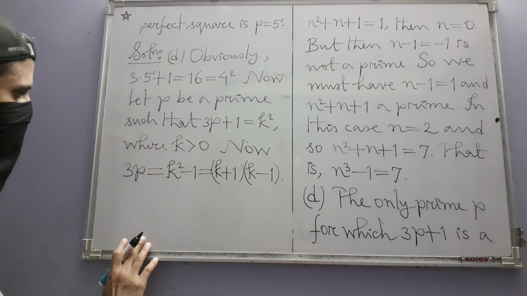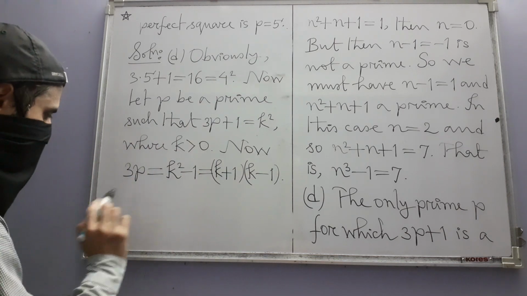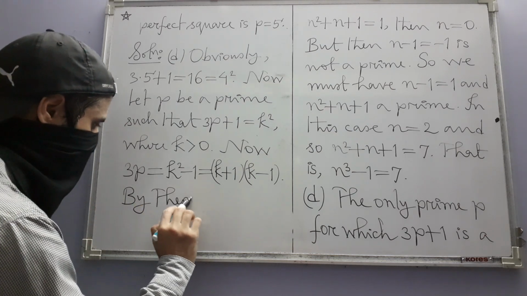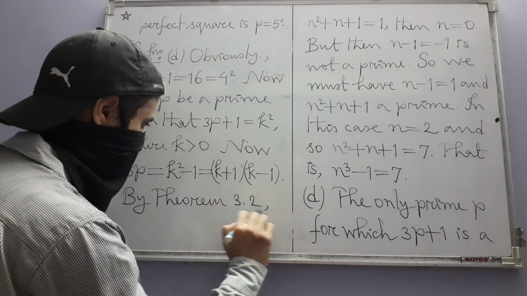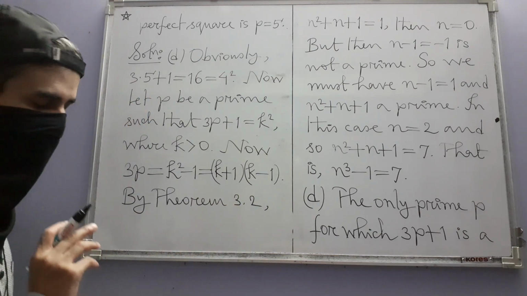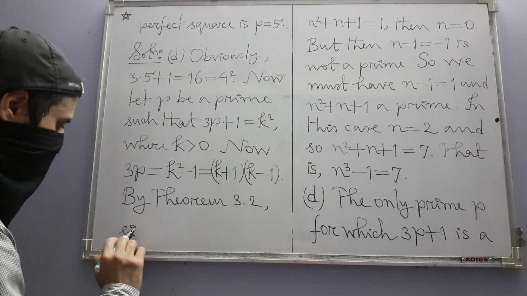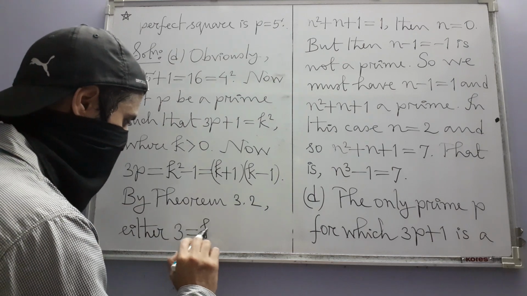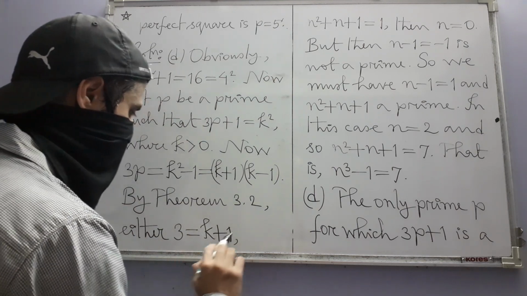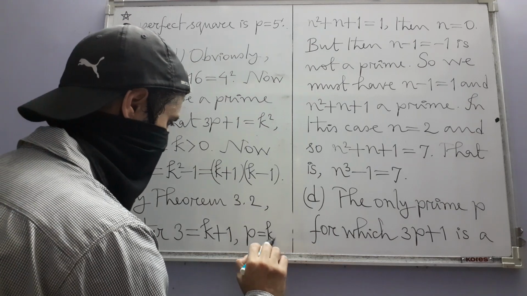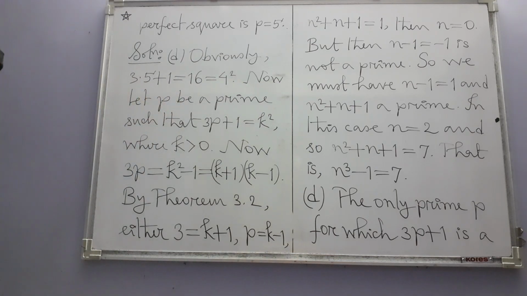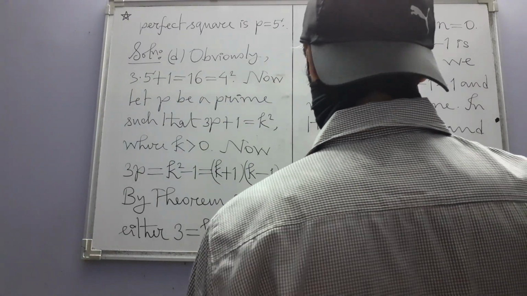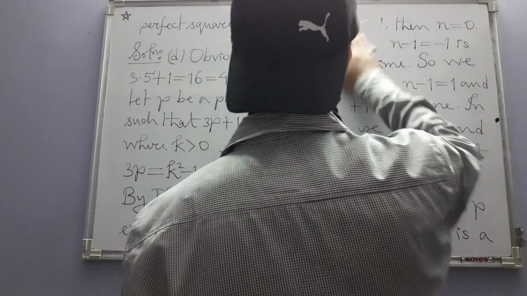And now we have this. Now in the next line I write this by theorem 3.2. That means by the fundamental theorem of arithmetic, either 3 is equal to k plus 1 and p is equal to k minus 1, or the other possibility, namely 3 equal to k minus 1 and p equal to k plus 1.